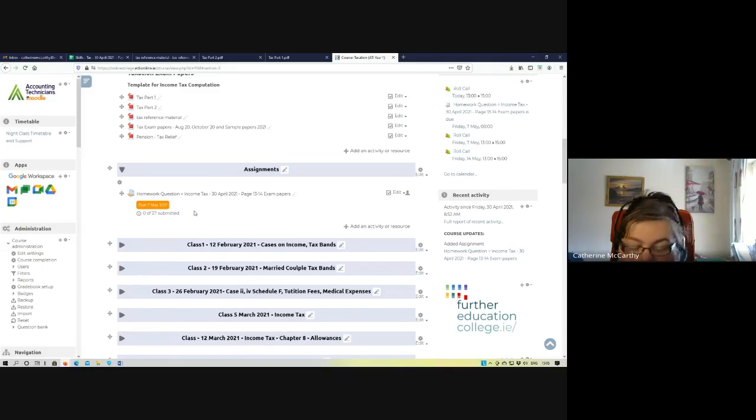I'm putting it up so you can practice an income tax question, because we won't be revising income tax until July again. You could email me and ask me to look at it. Or if you do it before next Friday, I'll correct it and give you feedback on how it's laid out.